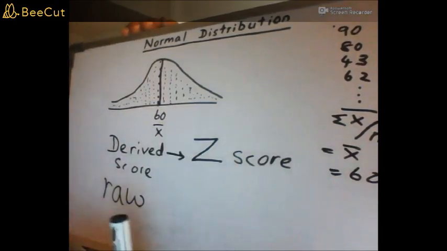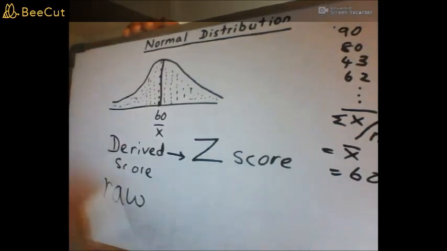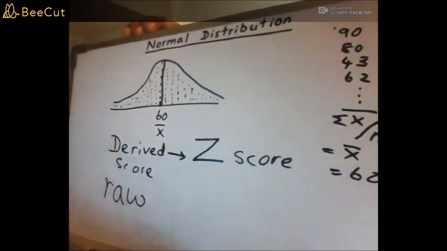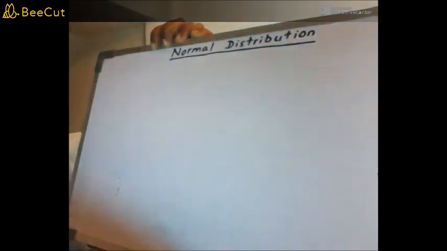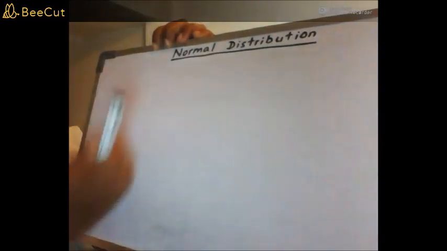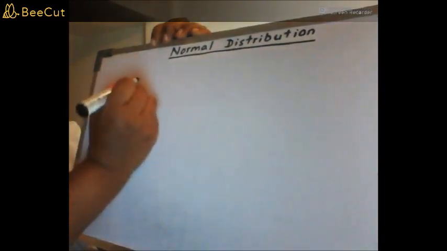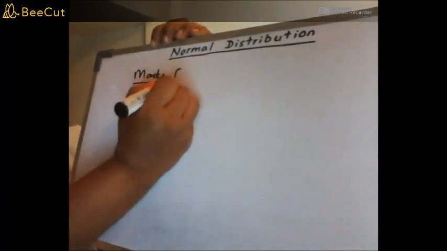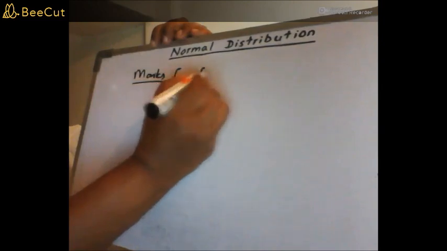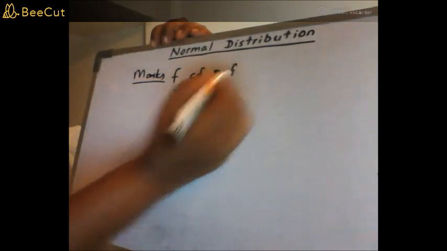Now, already you know another derived score. Can you remember the percentiles and percentage ranks? Those are also derived scores. Now, how do they become derived scores? Can you remember the marks are here, then the frequencies, cumulative frequencies, PCFs?